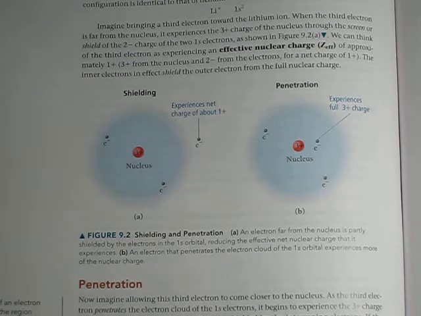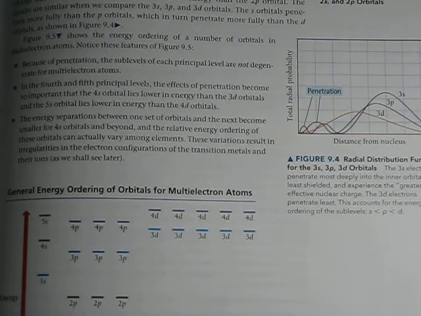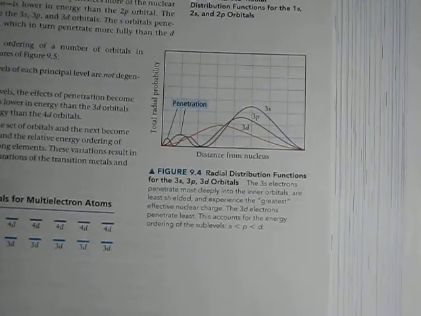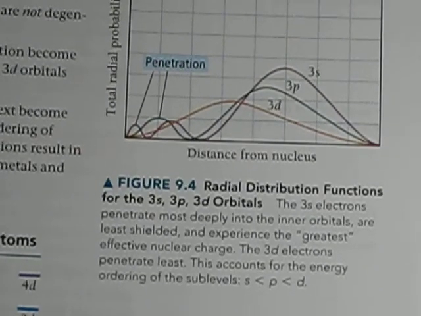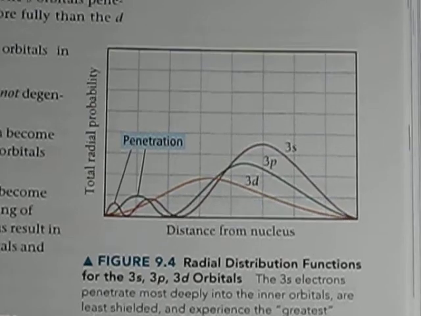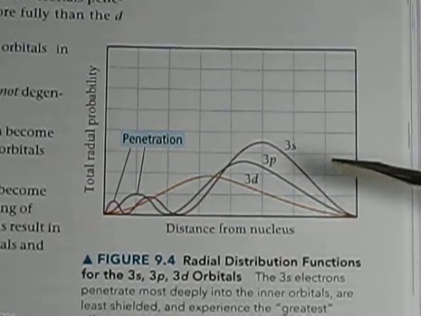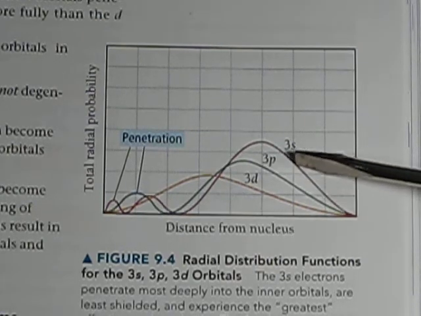All right. So now, when we look at these diagrams in relation to orbitals, what we find, if we look at the 3s orbital, this purple line here, is that it's large.